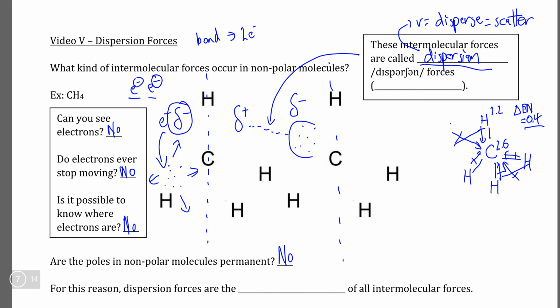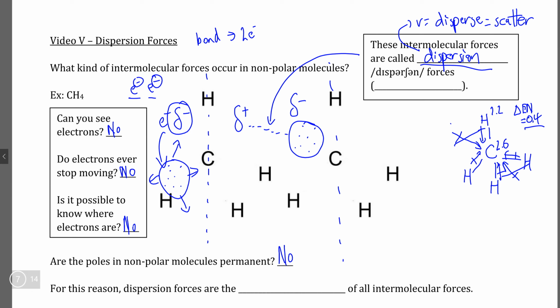And when they happen to disperse into highly concentrated areas, such that one side of the molecule temporarily has a negative side and attracts to the side of another molecule with no electrons, with a positive side, this causes a dispersion force to occur. But as we've already established, these are not permanent, because when the electrons move away, this negative charge is not in the same place anymore.